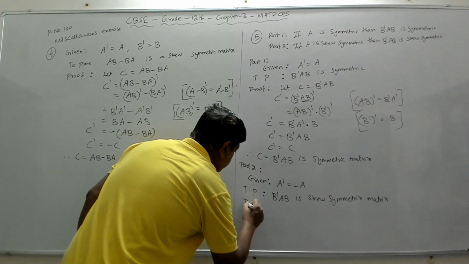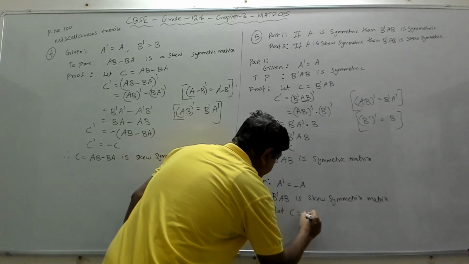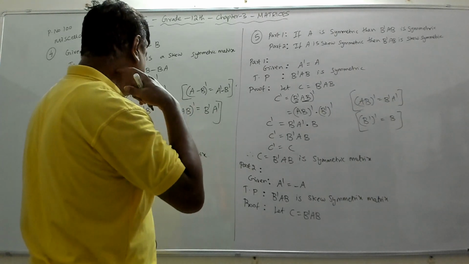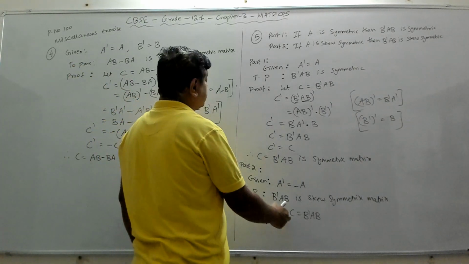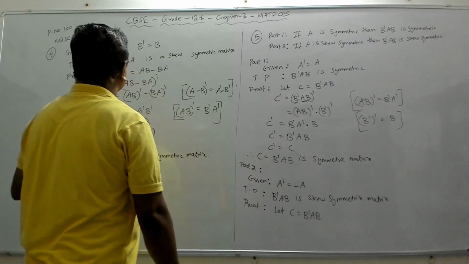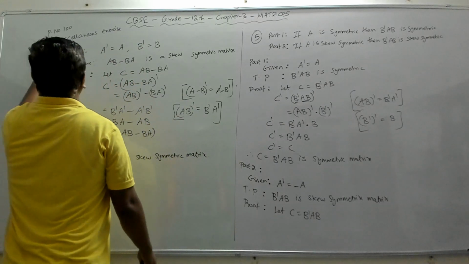So proof, again we will take, let C equal to B transpose AB. To show that it is skew symmetric, we should prove that C transpose equal to minus C. So I will write the continuation here.